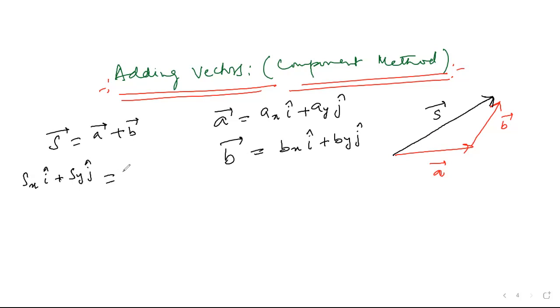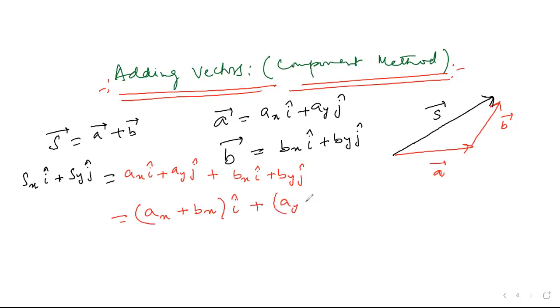When you put the unit vector notation of A, which is Ax i cap plus Ay j cap, and the unit vector notation of B, Bx i cap plus By j cap, you can factor out i cap: Ax plus Bx times i cap plus Ay plus By times j cap. So what is the conclusion?